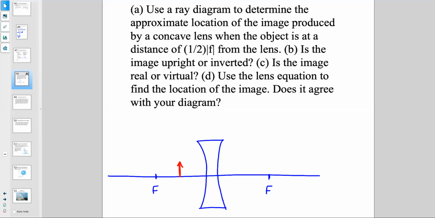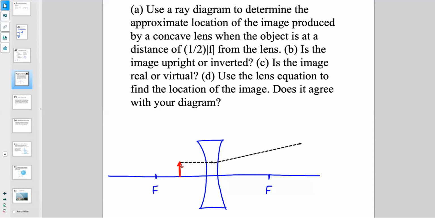So let's see what we can do. So let me choose these. And the first one will be going parallel, the P-ray. It will be refracted in a way to go through the focus. Remember, this is diverging, so it has to diverge it. Okay, sounds good.